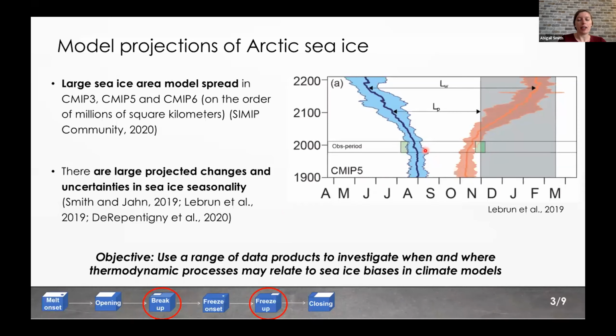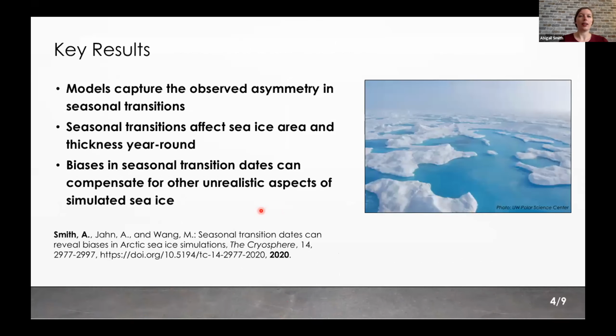So the objective of this work is to use a range of data products to investigate when and where thermodynamic processes may relate to sea ice biases in climate models to help contextualize some of these questions about the spread and projected changes. So a few key results that I'll discuss are that models capture the observed asymmetry in seasonal transitions.